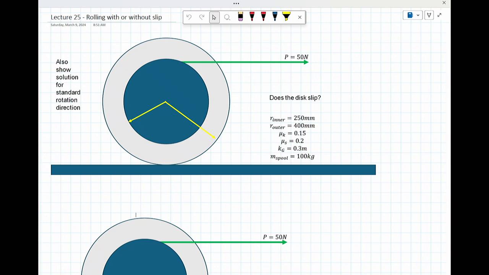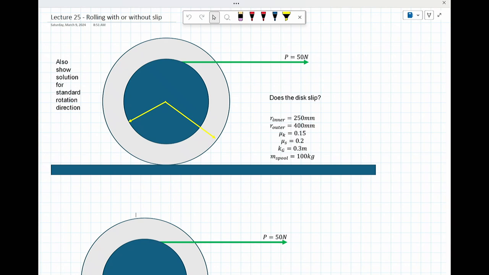But we have the center of a wheel. Inner radius is 250 millimeters. Outer radius is 400 millimeters. You're given mu_k equal to 0.15, mu_s equal to 0.2, and k_G, and again, remember that k_G here represents the radius of gyration of 0.3 meters, and the mass of the spool is 100 kilos.